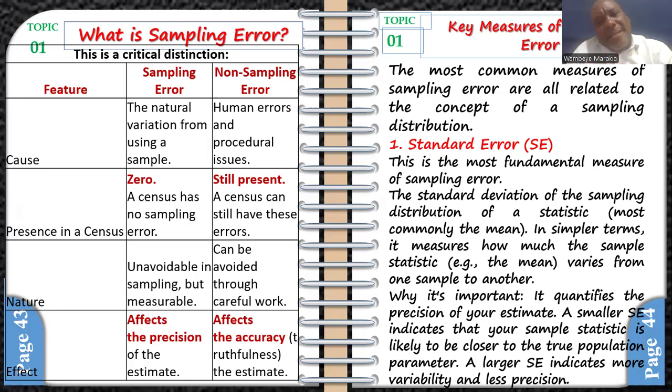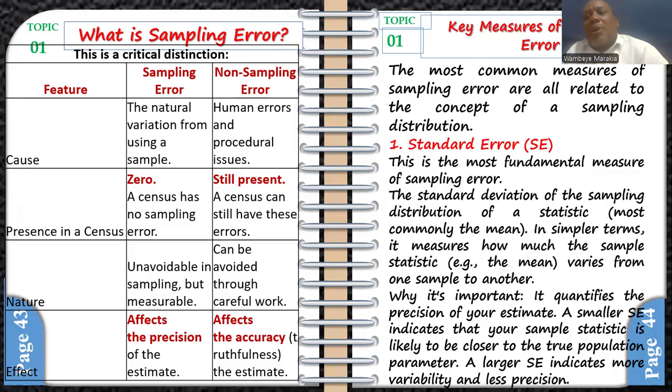Now, the sampling error cannot be avoided. It's unavoidable. But non-sampling error can be avoided through careful work and all that.